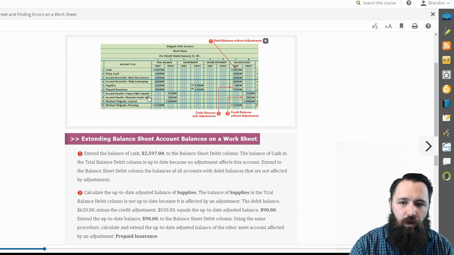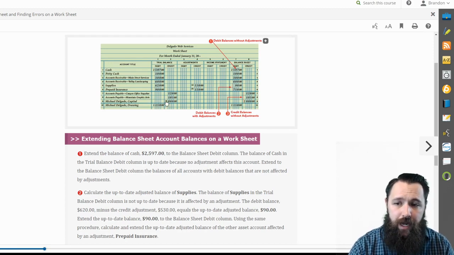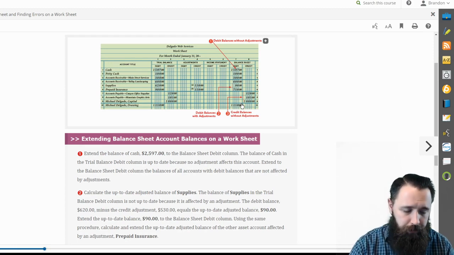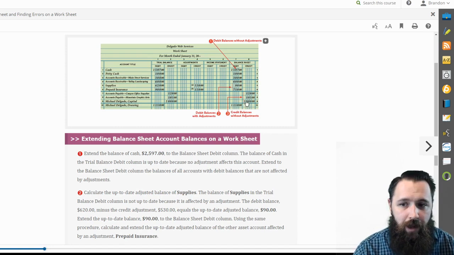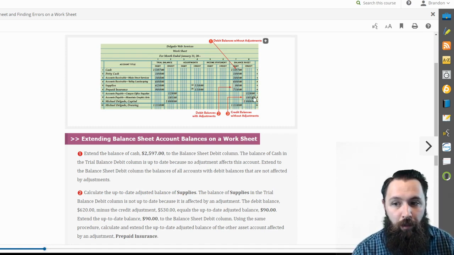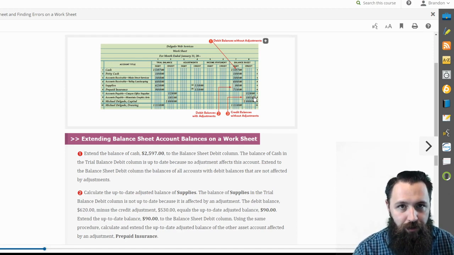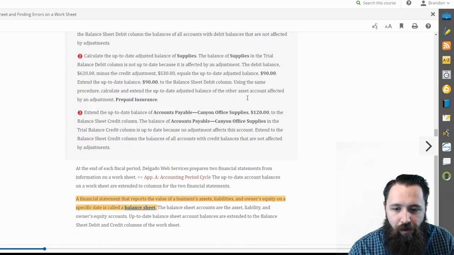Now what we're doing is we're looking at liabilities and equity accounts. And the liabilities and equity accounts also get transferred over to our balance sheet. And when those balances extend, because they had a credit balance, now when we move them over, they will have a credit balance on the balance sheet as well.